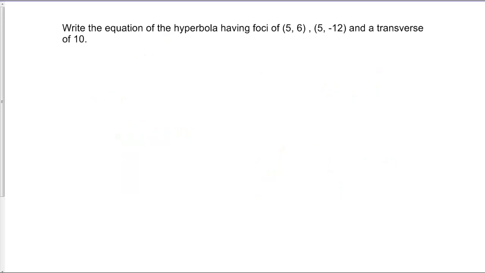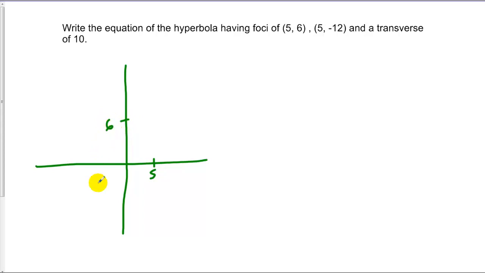Let's do the same now, knowing that I have foci of 5, 6 and 5, -12. Let's call this 5, call this 6, and this -12. Those are my two foci.